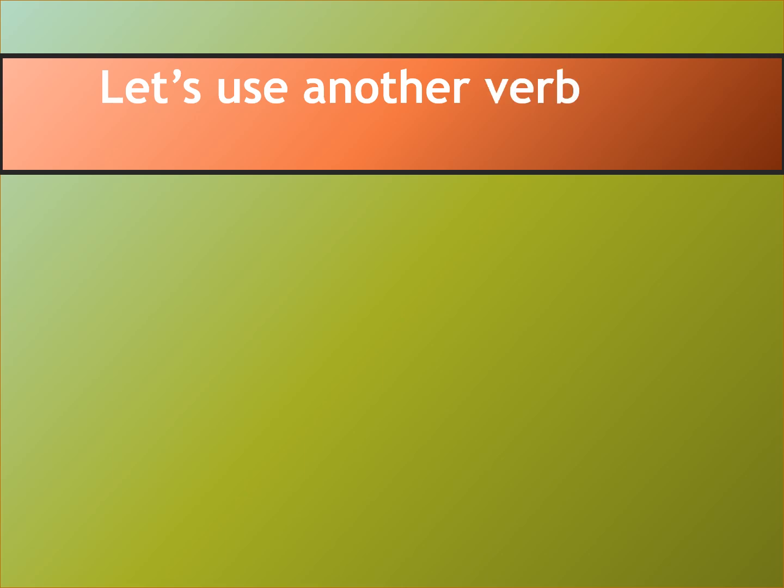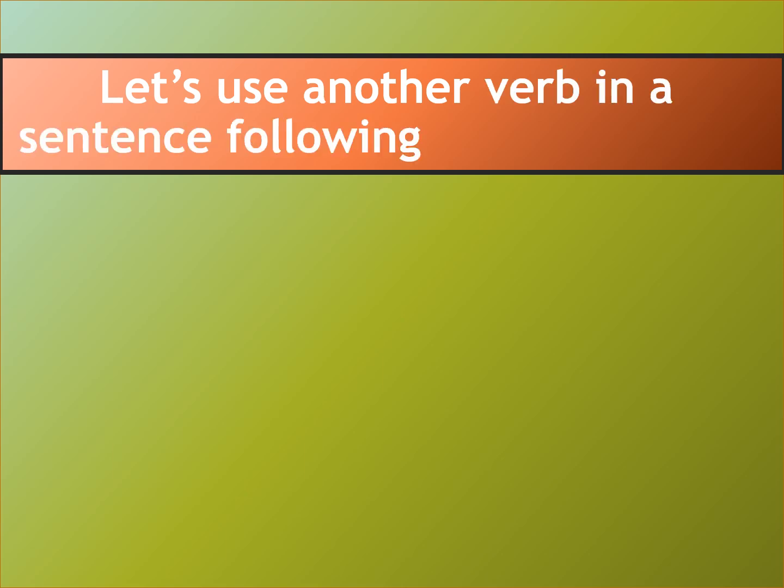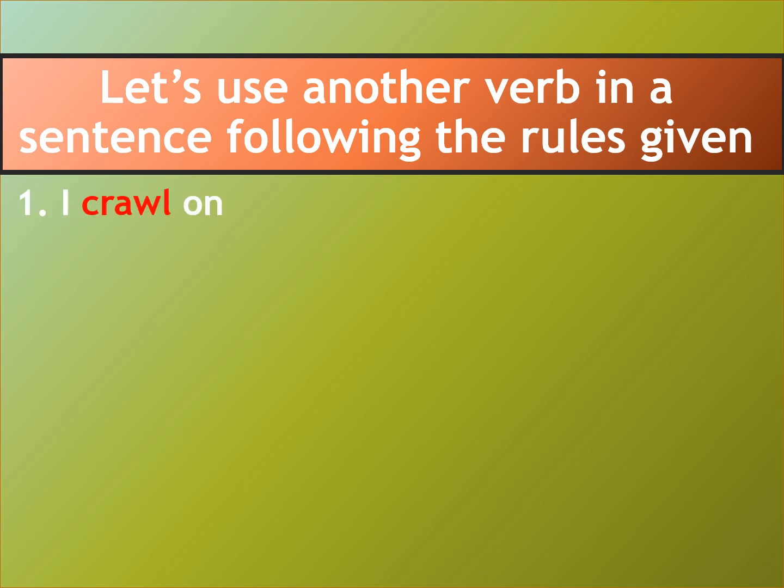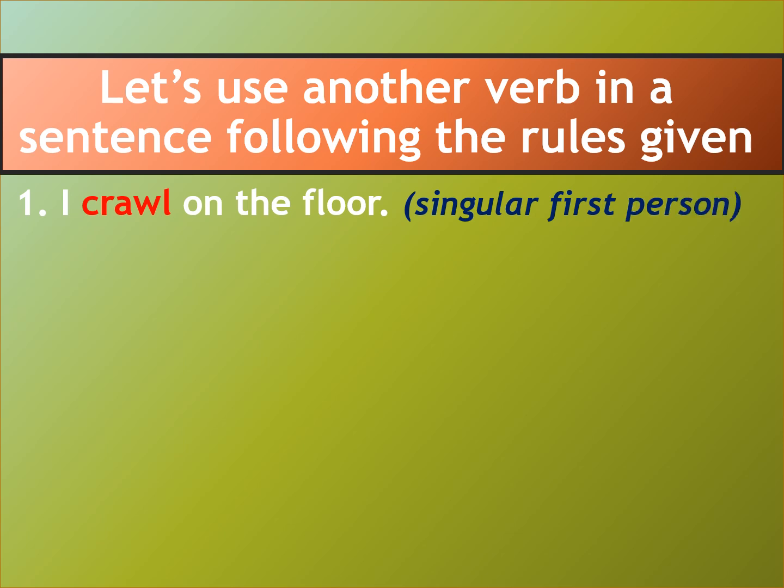Let's use another verb in a sentence following the rules given. This time, we use the verb crawl. So the first sentence is, I crawl on the floor. It is singular first person. Then, we crawl on the floor.